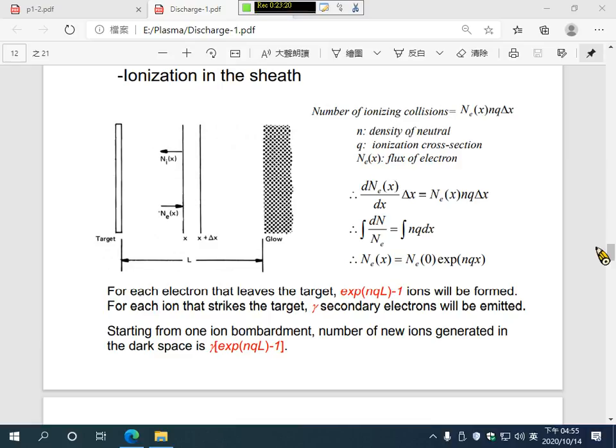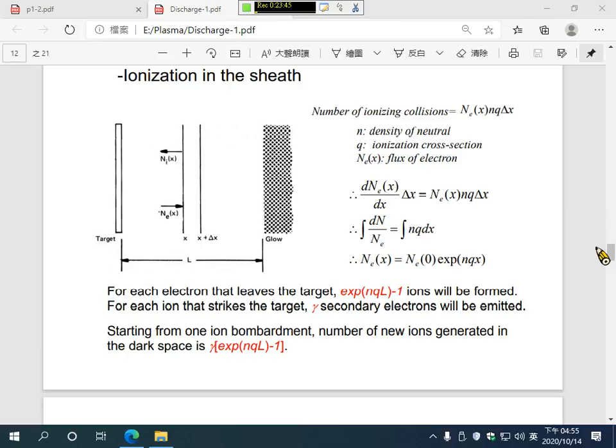At position X, the electron density equals the electron density at the surface of the cathode times an exponential term.